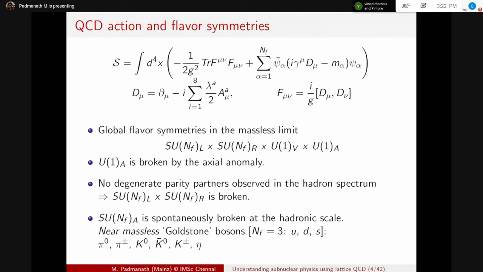This was one of the studies that we did in 2013, and we saw that there is already an early onset even before the confinement-deconfinement transition in an SU(3) gauge theory. But I am not going to discuss that.